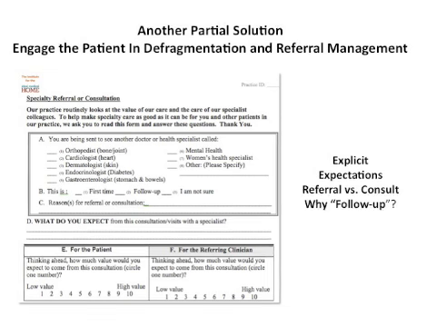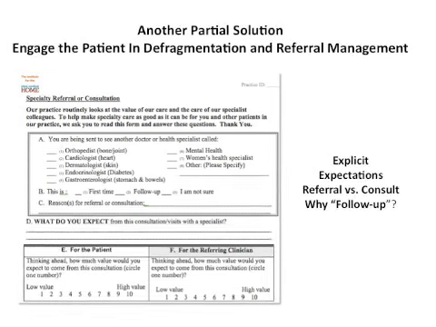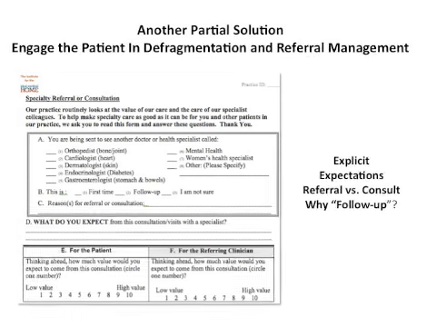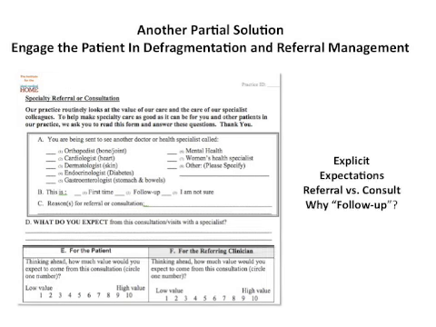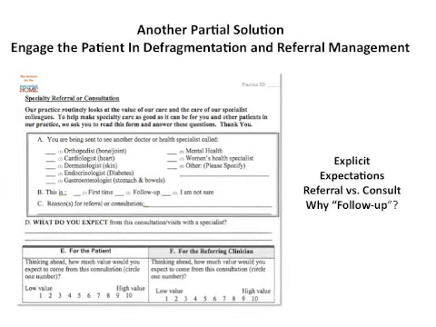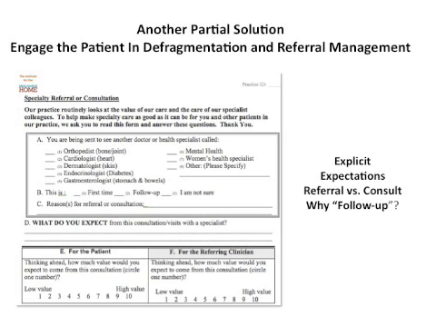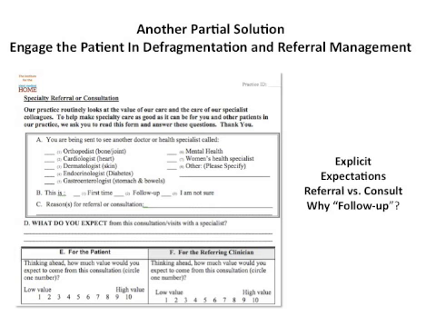Another partial solution is to engage the patient or their caregiver in defragmentation and referral management. We found in careful study that, of course, our revisit interval is really most of the time dependent on our own whims and interests, and that many patients of ours are followed.